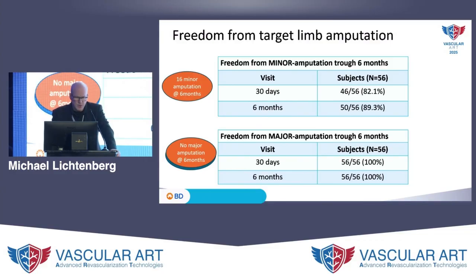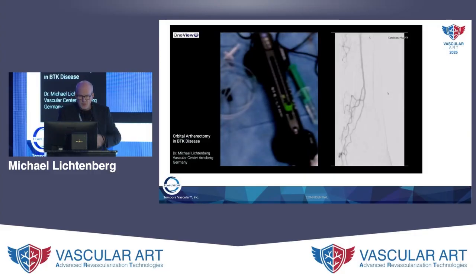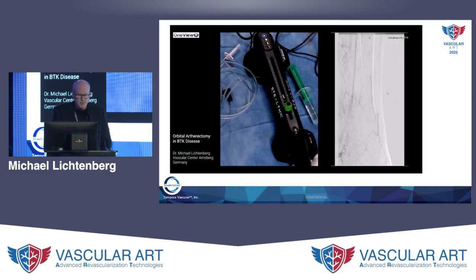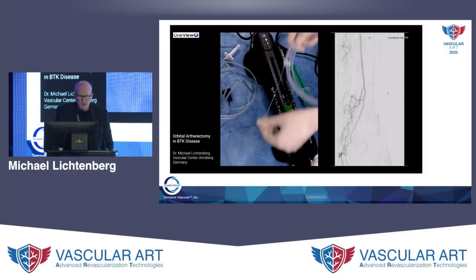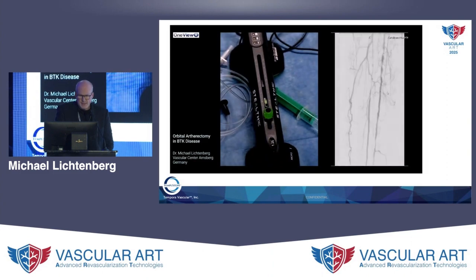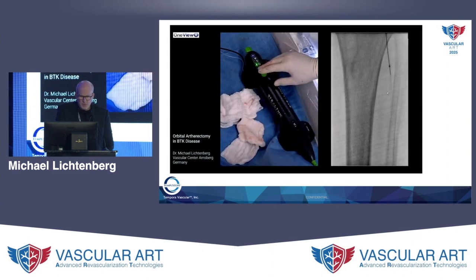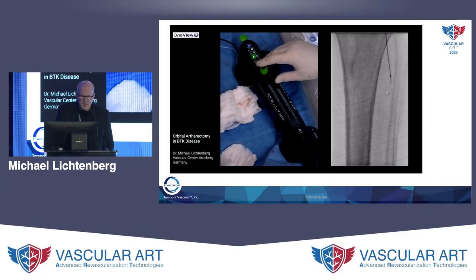One device which we frequently use here in our institution, especially for pedal intervention, is orbital atherectomy. It uses the orbital atherectomy principle provided by CSI technology. You see the Stealth mode system. This is an orbital atherectomy system which you can use with different crown sizes at the tip of this catheter.